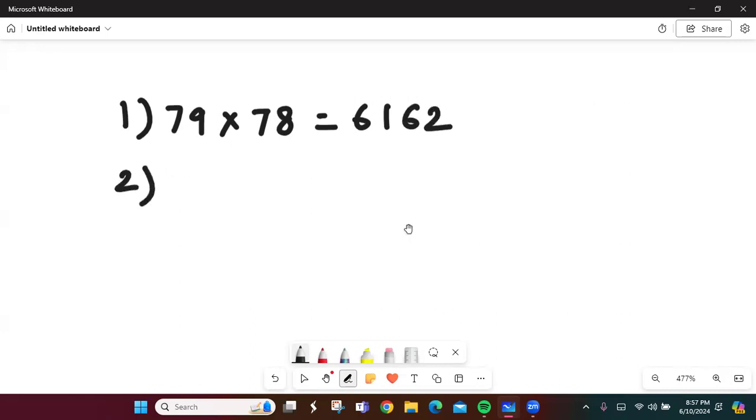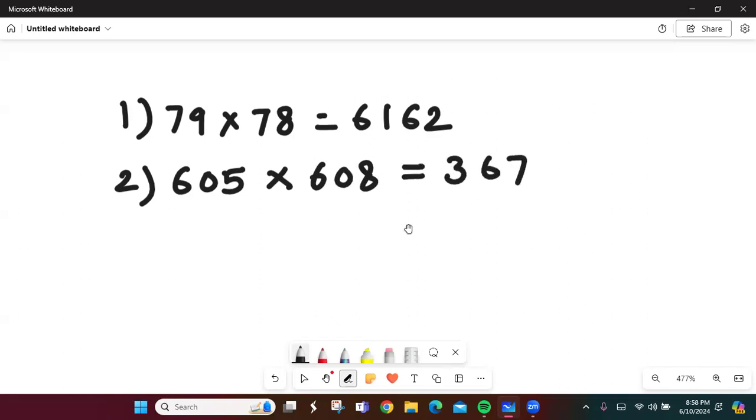Take the second problem here, 605 multiplied by 608, that is 367,840. Now in this case, the standard base can be taken as 600, but I'll suggest you just to check this method.